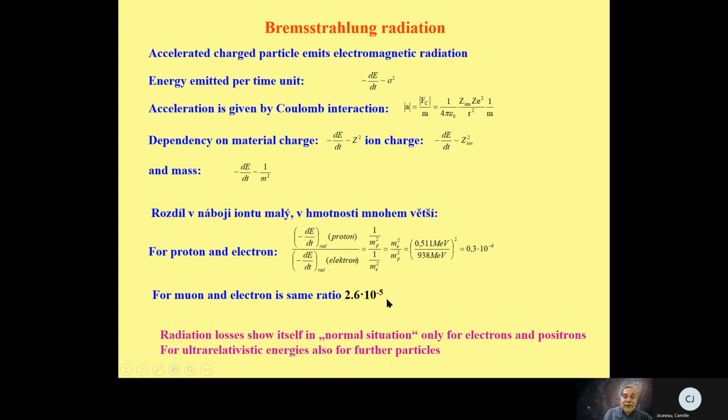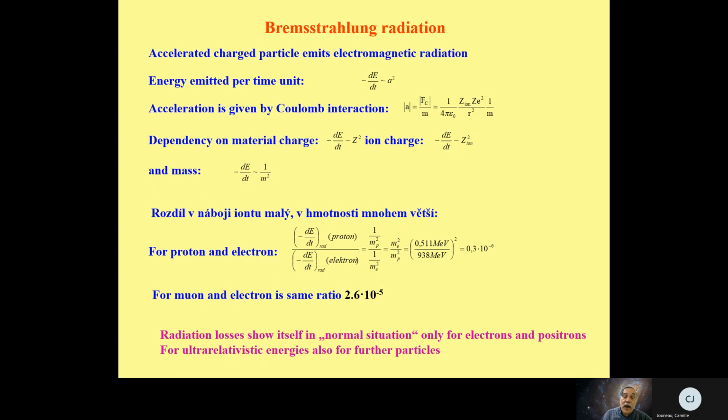But it is clear that also for muon we have only very small probability of Bremsstrahlung radiation, and these radiation losses are negligible in this situation for heavier particles.